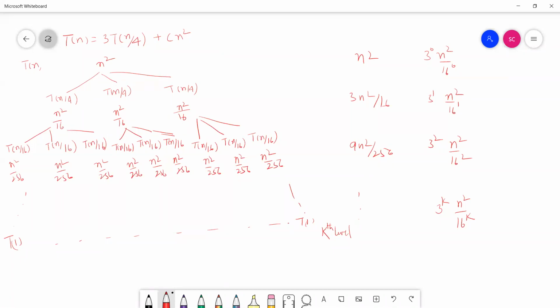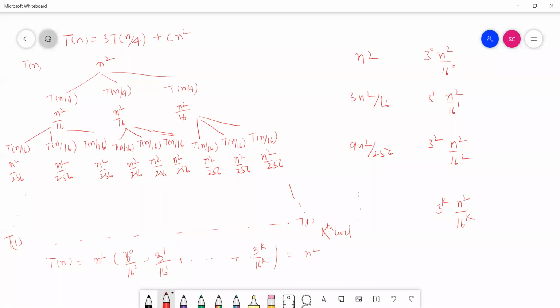Now we have the series here. Tn is equal to, so we take n square common and we have 1, or we can write 3 to the power 0 upon 16 to the power 0 plus 3 to the power 1 upon 16 to the power 1 plus ... 3 to the power k upon 16 to the power k.